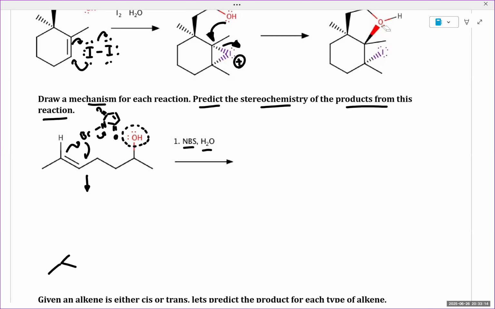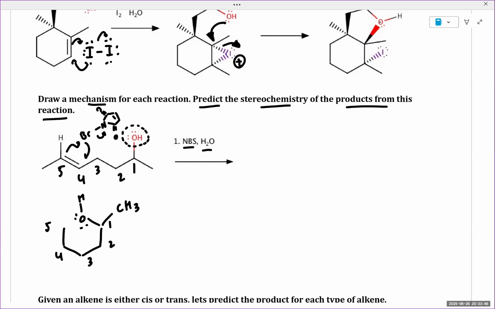Before I draw out the halonium ion, I'm going to redraw this molecule in a way that makes it easier for us to see that final ring closing step.